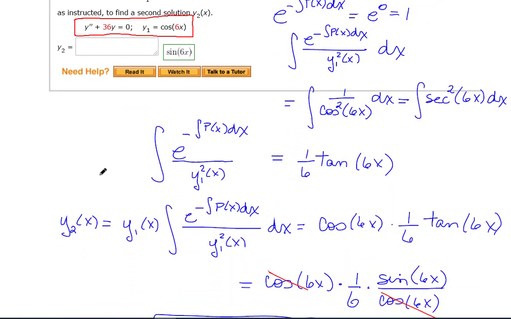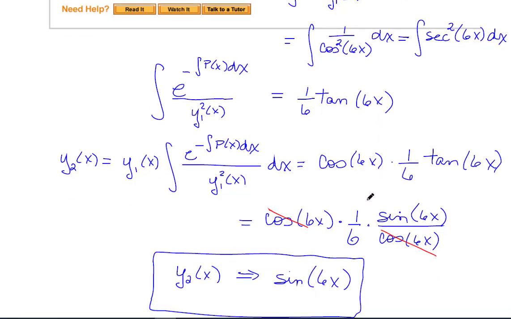All right, so this becomes the top part, which is secant squared, over y1 squared, which is cosine squared. And if you simplify that and you integrate, the integral of secant squared is 1/6 tangent of 6x.